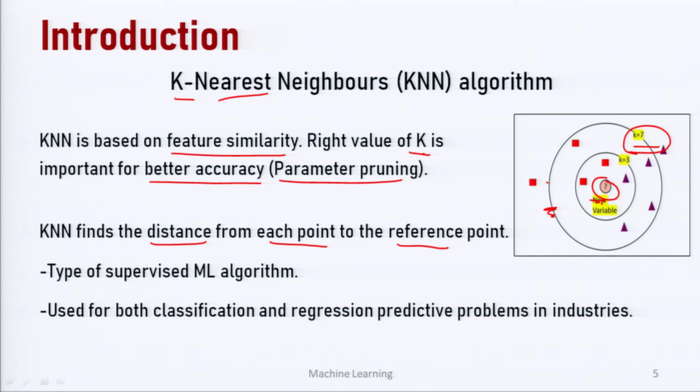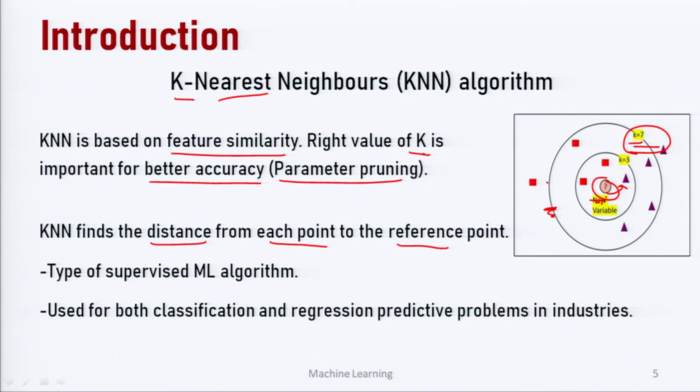Now, we need to predict to which class it belongs. We see that only 3 squares are there, but 4 triangles are there. So, we conclude that the new entrant belongs to the triangle class. So, k plays a very important role in deciding the optimum solution to our problem, or in giving greater accuracy to our solution.